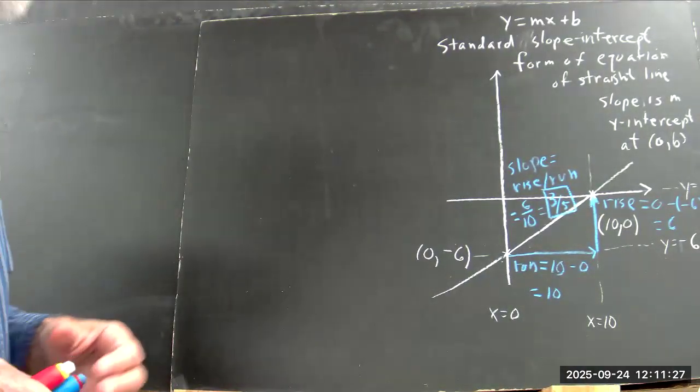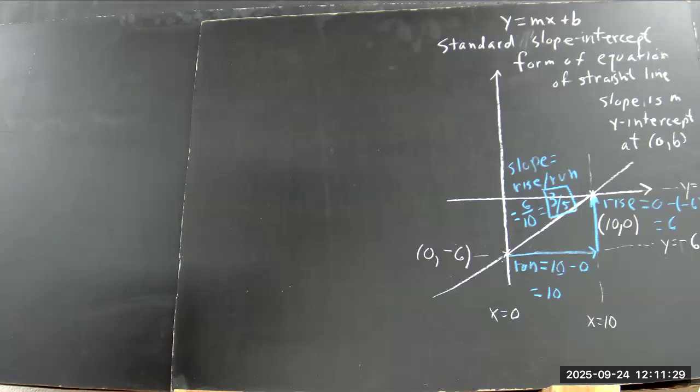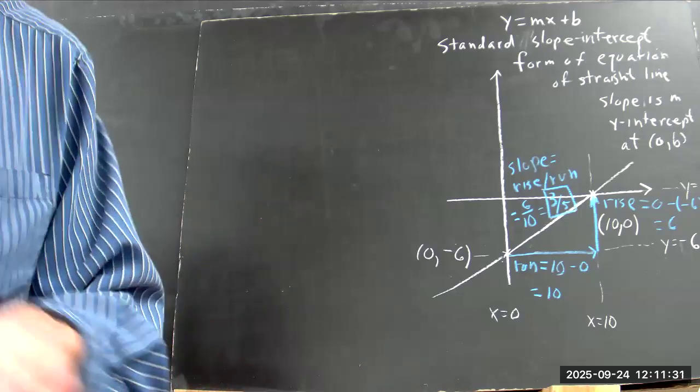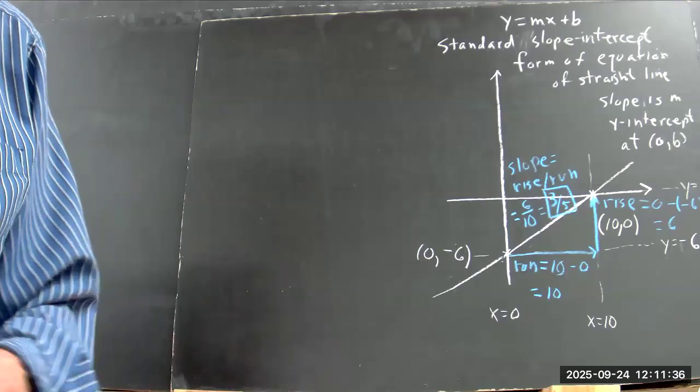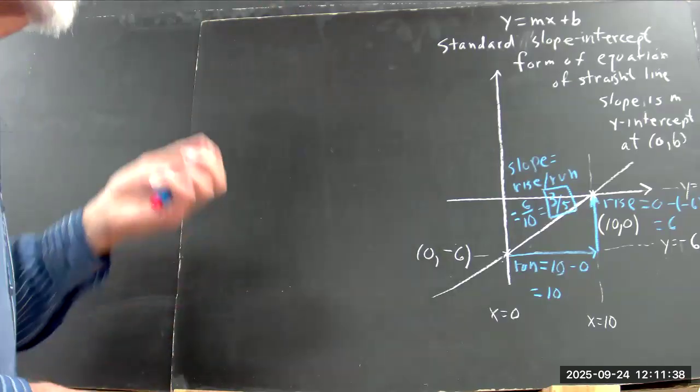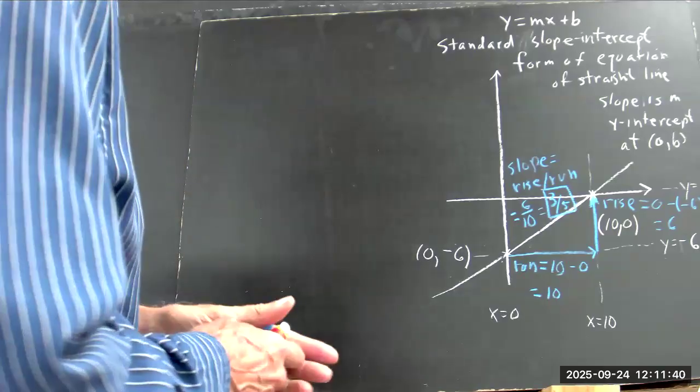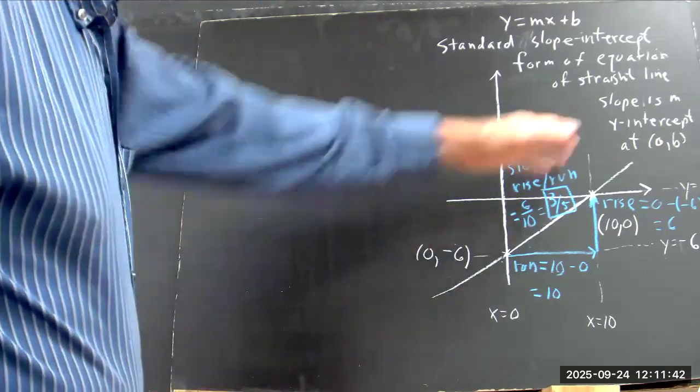Okay, some of you have it, some of you are going to have it. I just didn't give you enough time. And some of you did something reasonable that you don't want to do, even though you did everything else right. Okay. What do we know about this line?